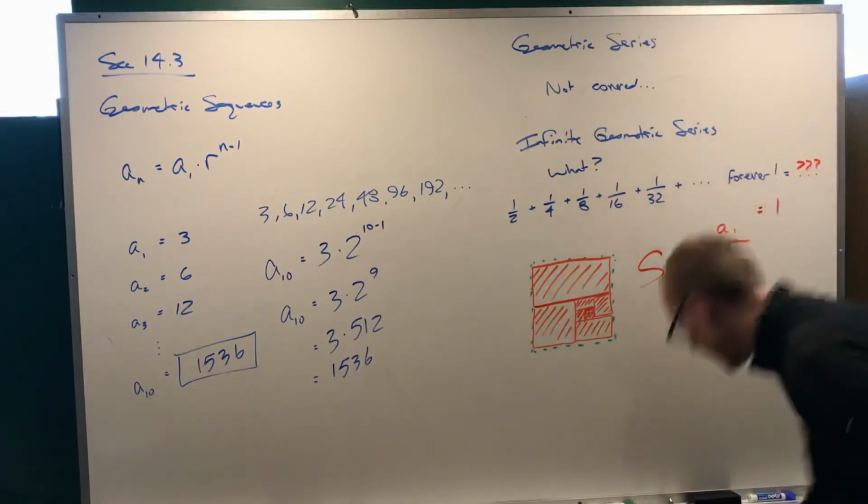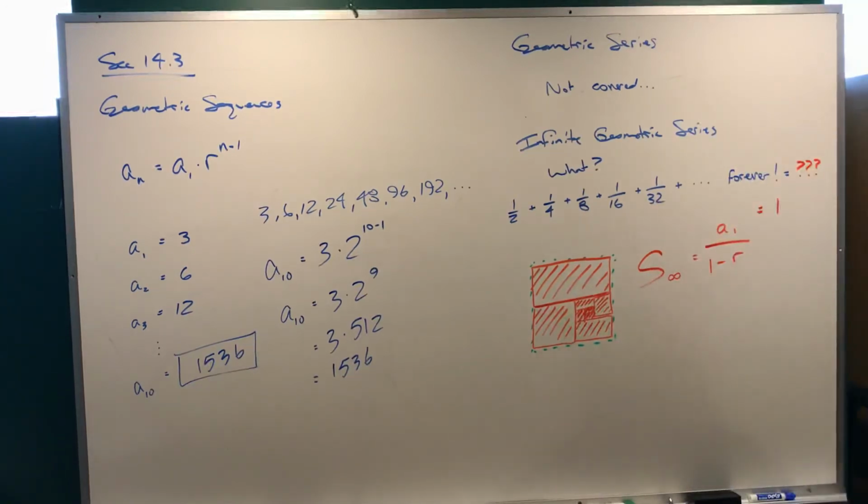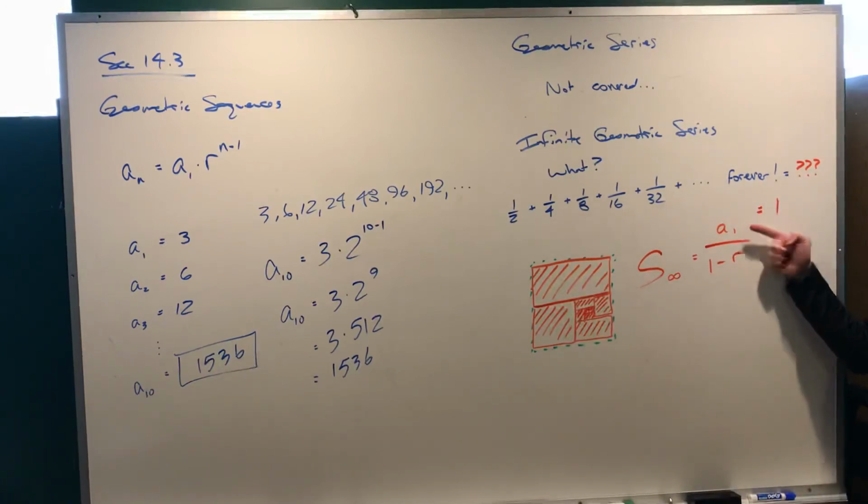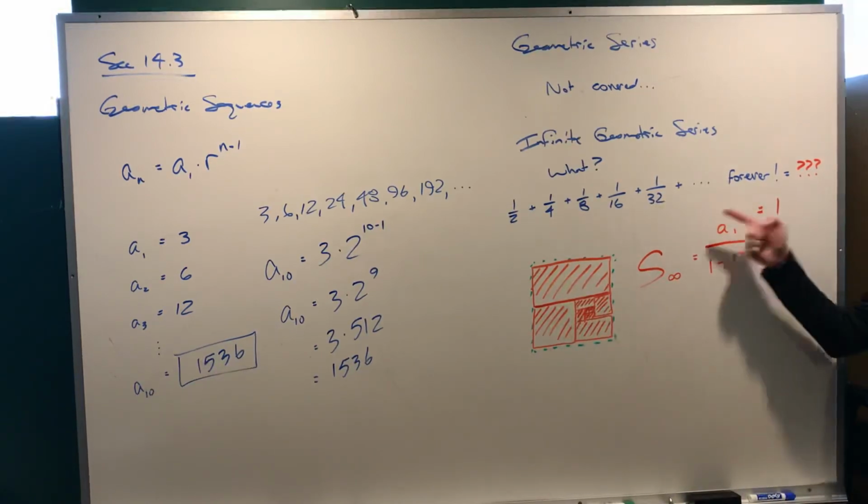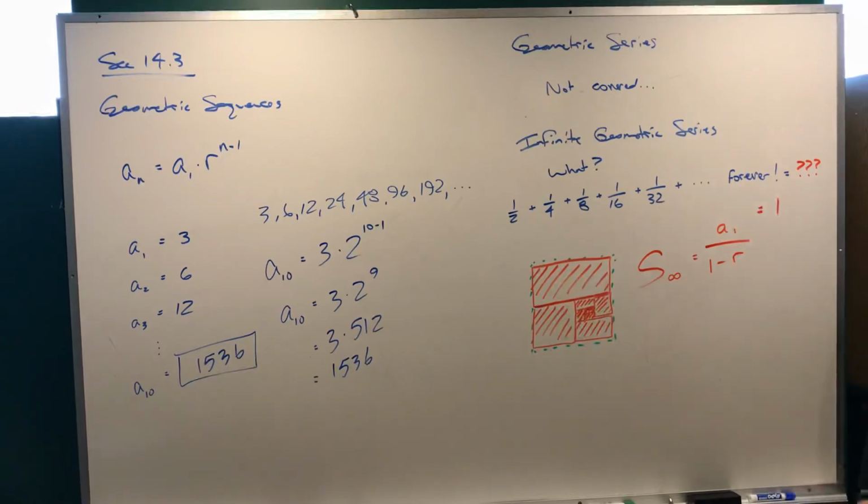Oh, it's down here. a1 divided by 1 minus r, woohoo! I'm right. So whatever our first term is, whatever our common ratio is, put those in there, evaluate that, and that will give you the sum of all of them.